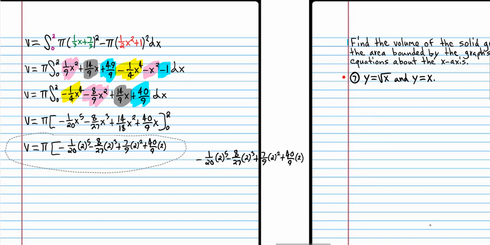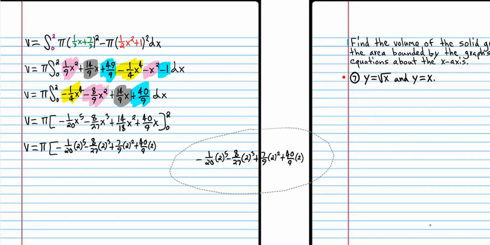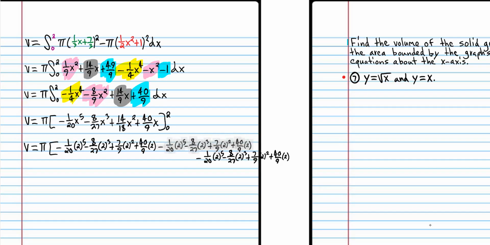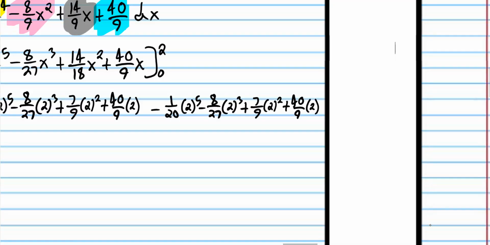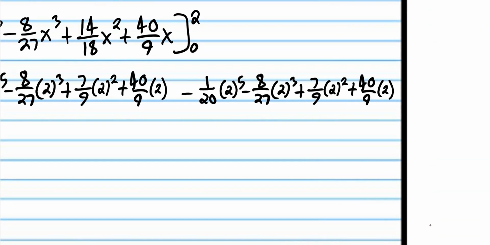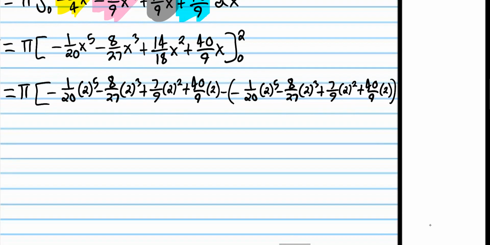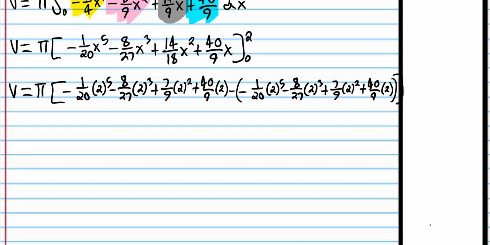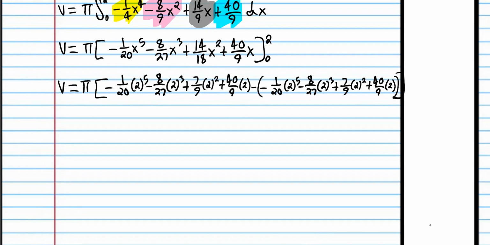Let's see if we can make room. So we're subtracting all that stuff, and make sure to get your signs right because it's very easy to not write your signs correctly, and then you'll get the wrong answer.